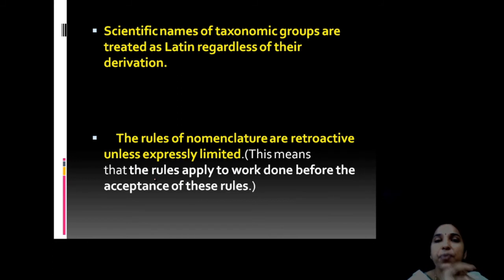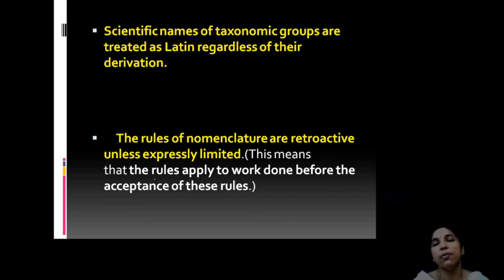Next point: scientific names are treated in Latin regardless of the derivation. They should be treated in Latin. We already told you that Latin is the language for scientific names. Another one: rules of nomenclature are retroactive unless expressly limited. What do you mean by that? The rules apply to work done before the acceptance of these rules.